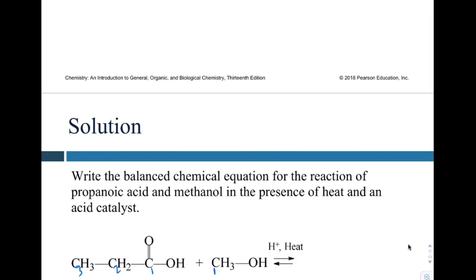Now, if you haven't already identified which groups are going to leave and where my bond's going to be made: if you're looking here, you know you're going to lose the hydroxyl of your carboxylic acid. Why? Because an ester has a carbonyl. So I've got to keep that carbonyl, but I need to attach the carbonyl to O and something else. I need to make this part turn into that ether-looking part.